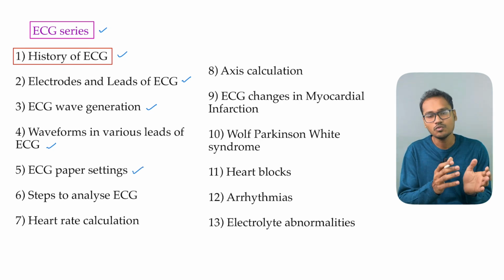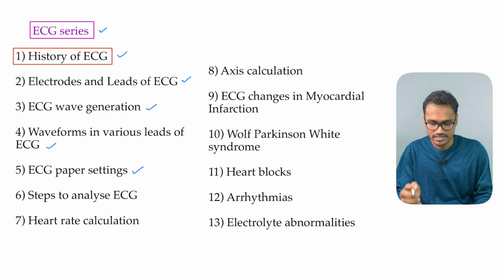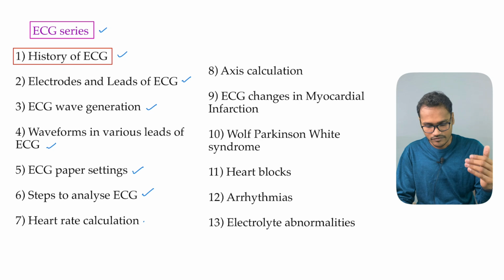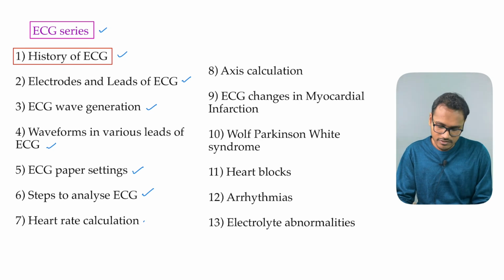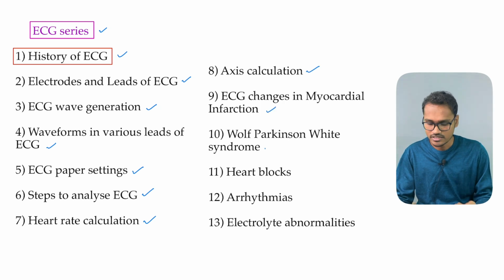We have to know the normal calibrations of the ECG paper and the various steps to analyze an ECG. After this introduction, we will try to analyze an ECG: heart rate calculation, then axis, then specifically ECG changes in myocardial infarction and Wolff-Parkinson-White syndrome, heart blocks, arrhythmias, and finally some of the electrolyte abnormalities.